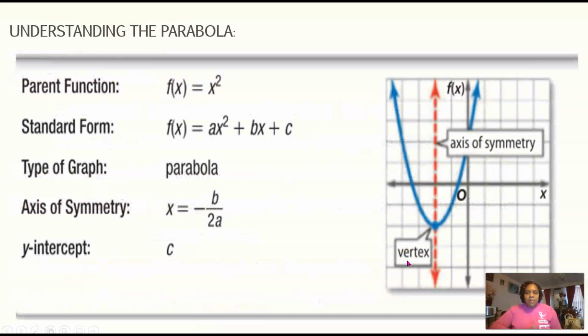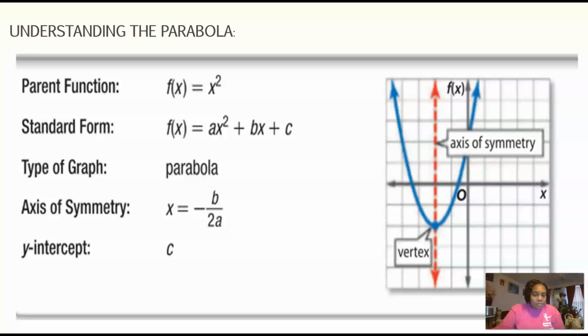So you have some parent functions. A parent function is exactly that, the parent of the graph of the quadratic. A parent function lets you know that x squared is a quadratic. When you see something squared, it is a quadratic. The standard form is what we've already looked at. The type of graph that this quadratic will create is a parabola.